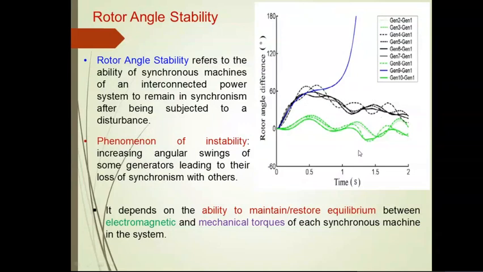These generators were interconnected, but following the disturbance, we find that one of the generators loses synchronism with respect to the others. That means it falls back, so you have the rotor angle swing. It is not in synchronism with the other generators in the interconnected system, and that is the phenomenon of instability in the system.